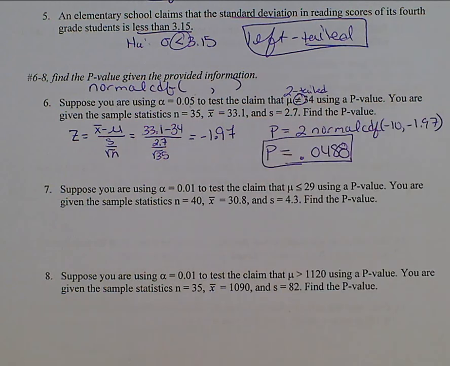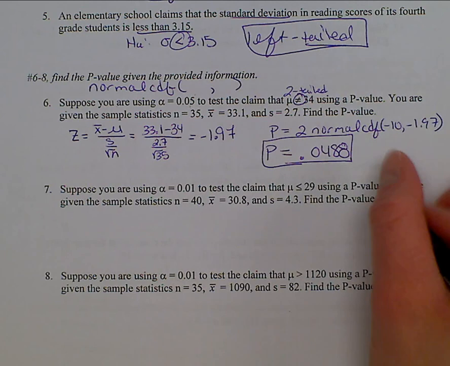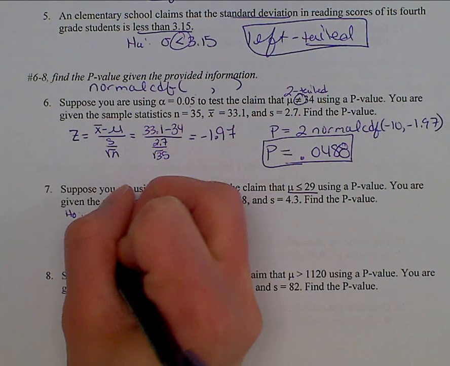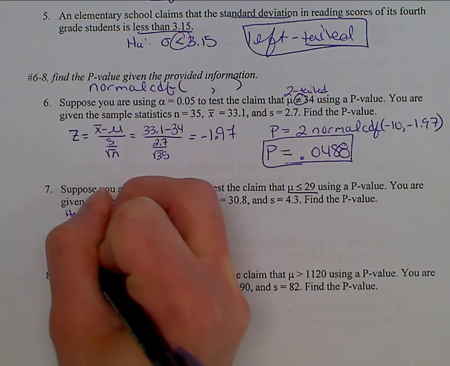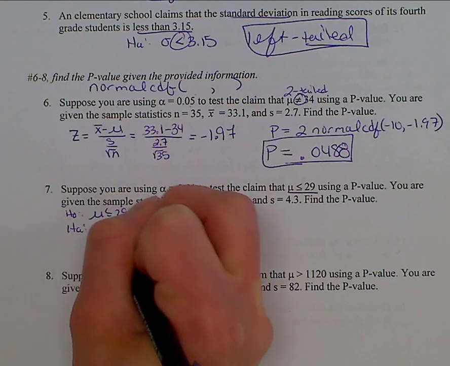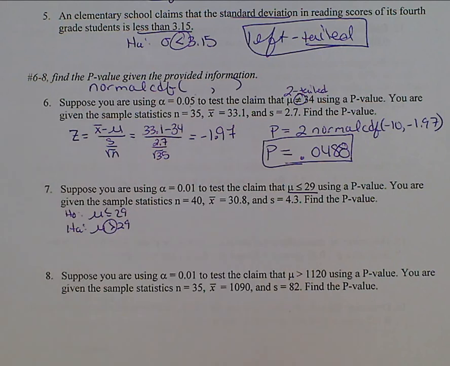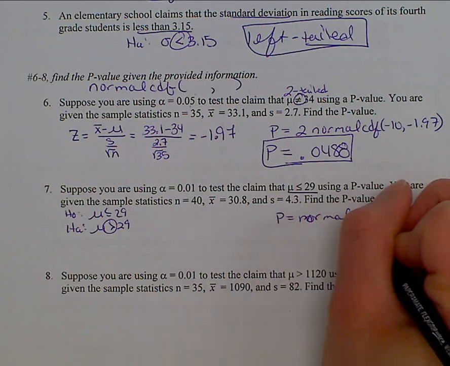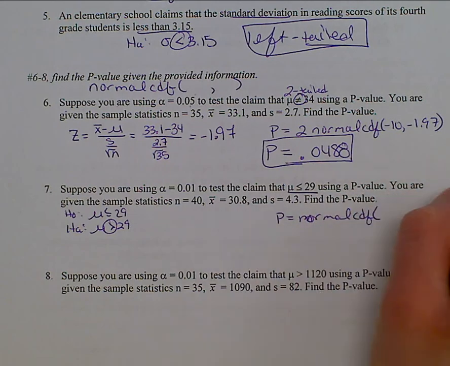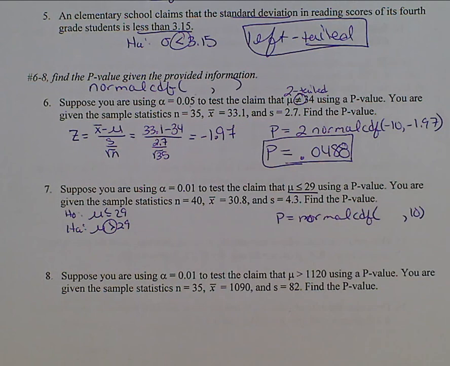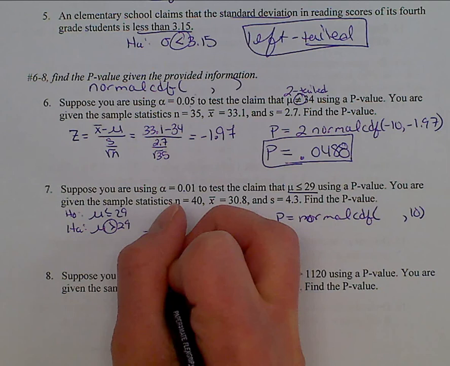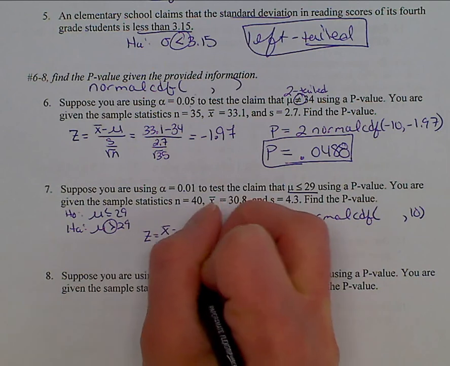Number 7. We are given our null hypothesis that the mean is less than or equal to 29. What we need to look at is that in our alternative, we have a right-tailed test, which means when we calculate our p-value, we're going to find the area to the right of our test statistic. So I'm going to calculate my test statistic.